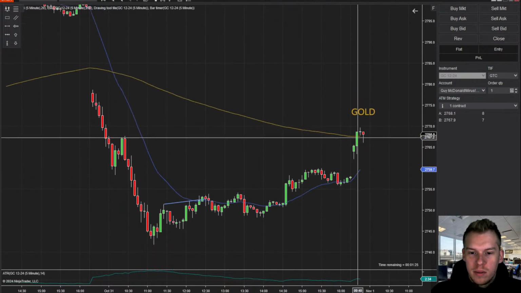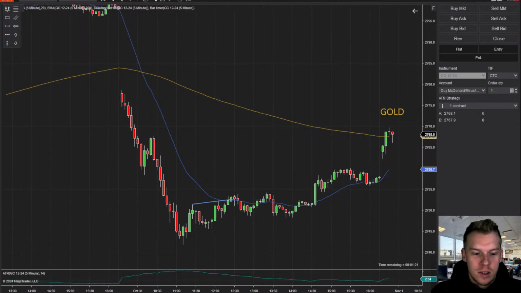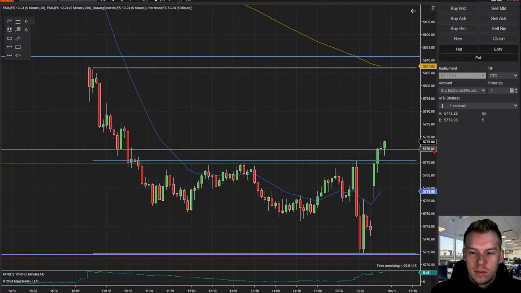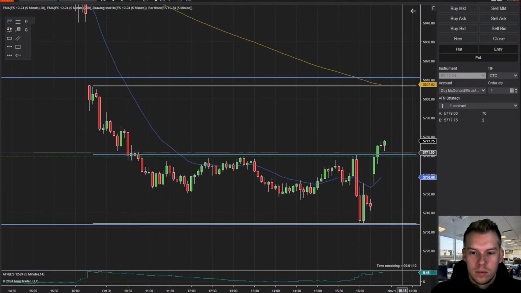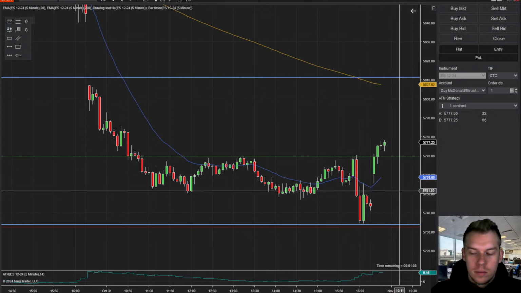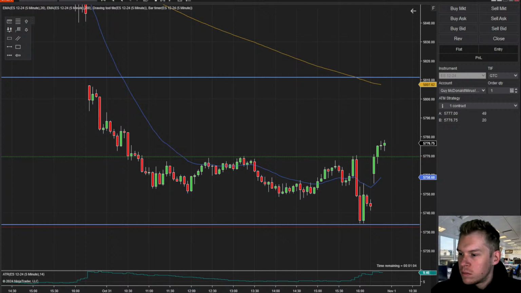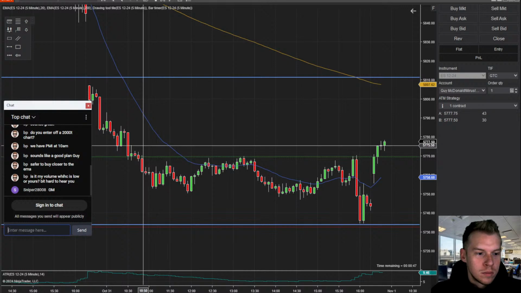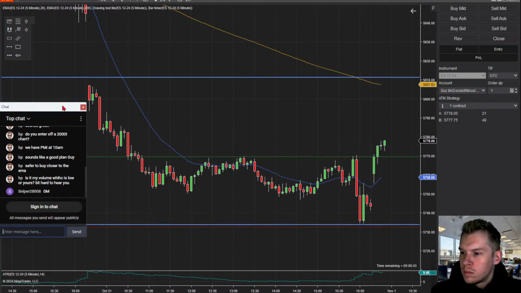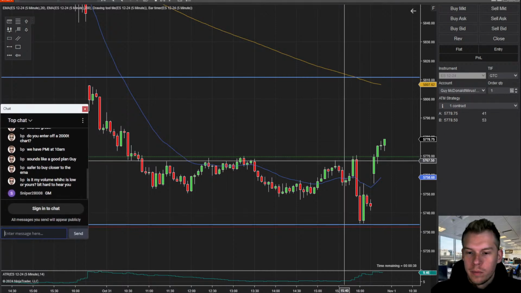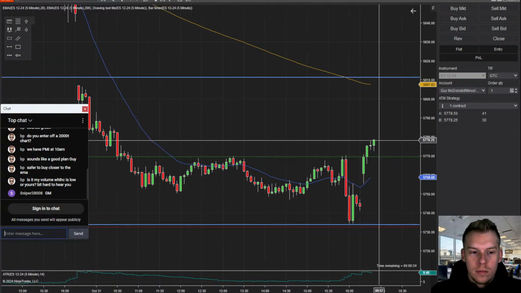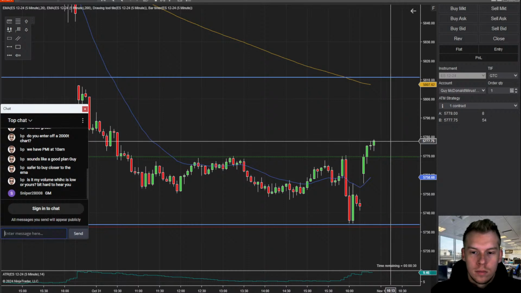Gold, looking fairly correlated to the mini right now. So bulls are trying for a fourth bar up.